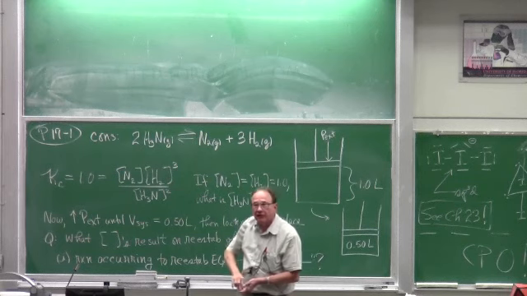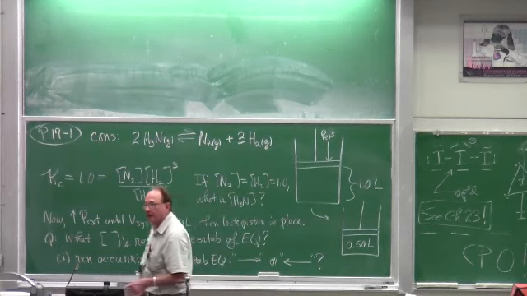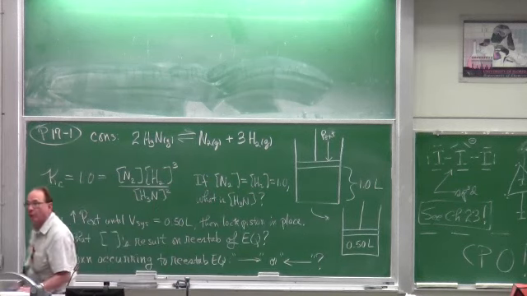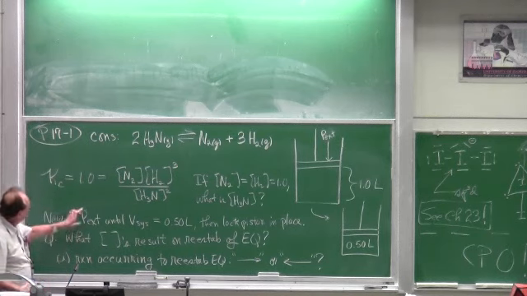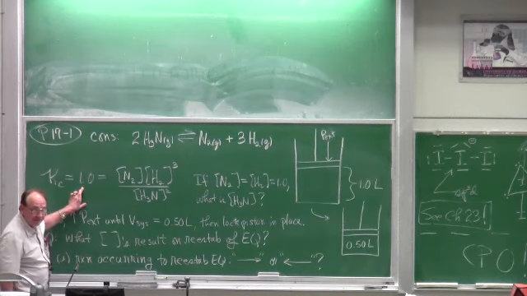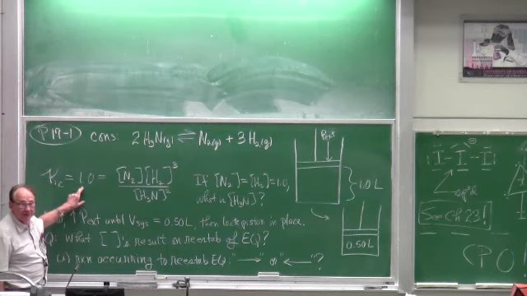But if I choose to study this equilibrium system under some imagined wonderful conditions, which gives us the simplest possible equilibrium constant value of 1.0, then it wouldn't matter numerically.